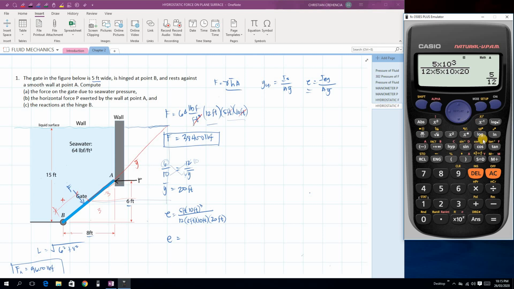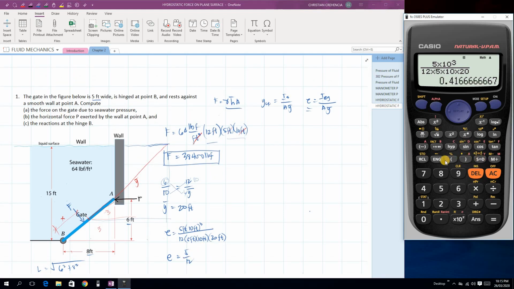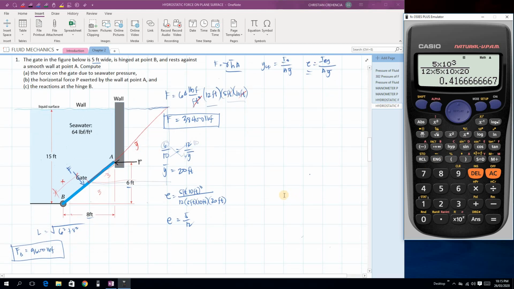Okay, so we have 5 over 12 foot. So yan yung distance E.